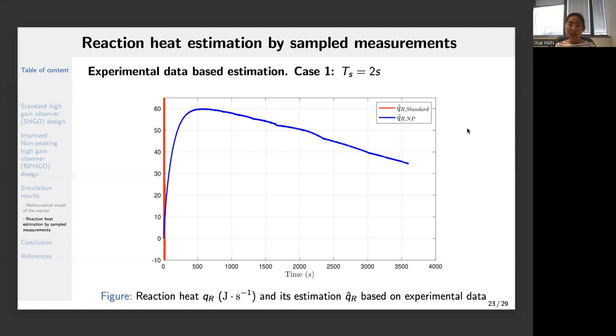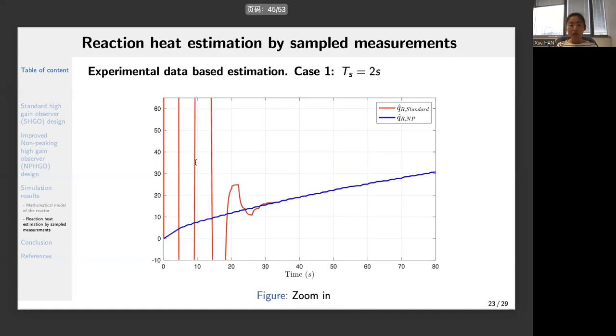So theoretically, it can also give a correct estimation of the reaction heat by using the experimental data. So here we focus, we can see they all converge to the same value after about 40 seconds, and the non-peaking observer doesn't have the peaking phenomenon.